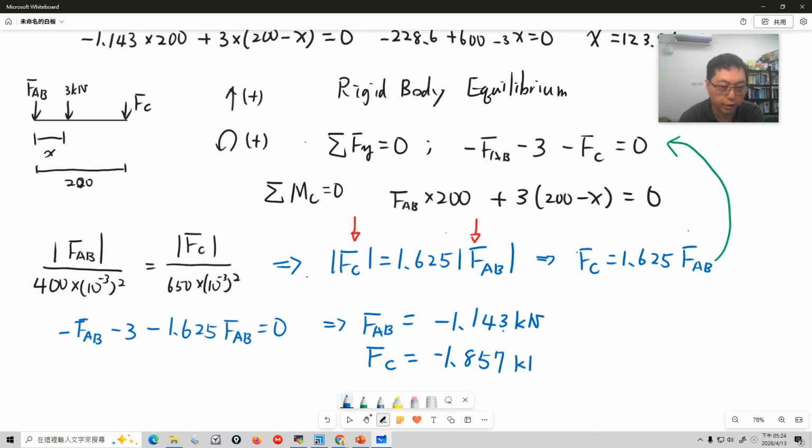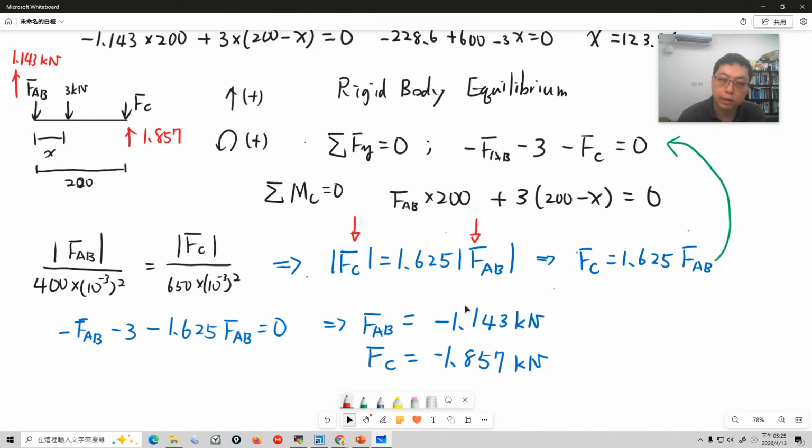Let's make a pause here to think what the real meaning of this answer is. Initially I assume FAB and FC all point down, but finally I get a negative value. That means the real direction of FAB and FC is pointing up: 1.143 kilonewton here, and 1.857 pointing up.